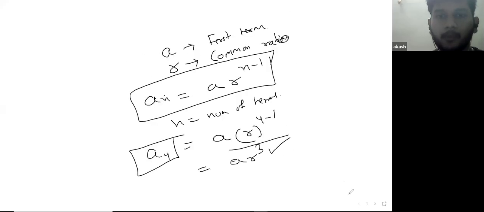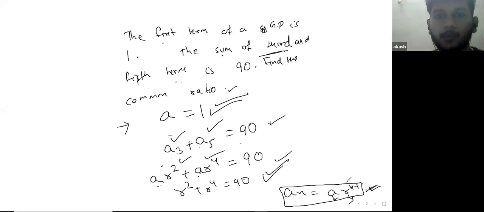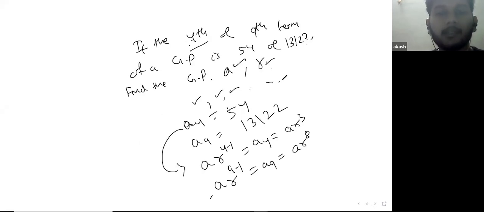Right. See, in this question, they have told us the sum of the third and fifth term is 90, right? So they told us in the question that a3 plus a5 is 90. Yes, sir. But in this question, they didn't say anything. They just said the fourth term is 54, the ninth term is 13122.